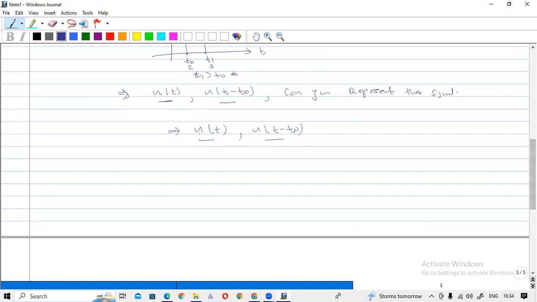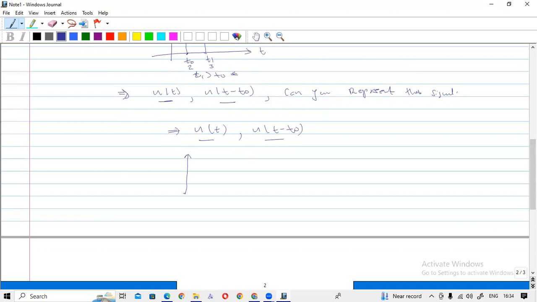Now what you have to do is, if I draw the unit step signal, the shifted unit step signal u(t minus t naught). If this is minus, the function is shifting this way. If this is plus, the function is shifting this way.